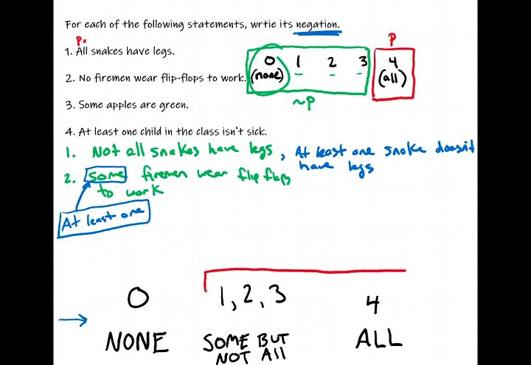Some means anything other than nothing. So this is our statement P, which means our negation has to be just the case of zero or none. All right, so that's pretty straightforward. The negation of some apples are green would be no apples are green.